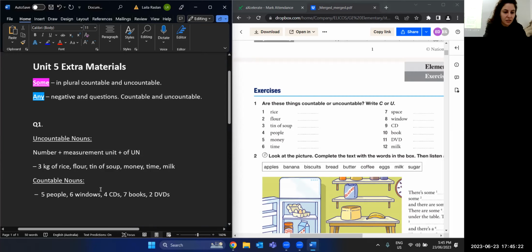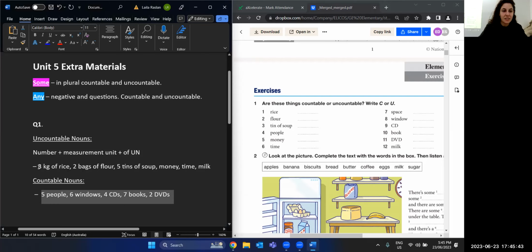I want 2 bags of flour. I want 5 tins of soup. So can you see how these words are very different to these ones? This is easy, countable. I just put a number and make it plural.